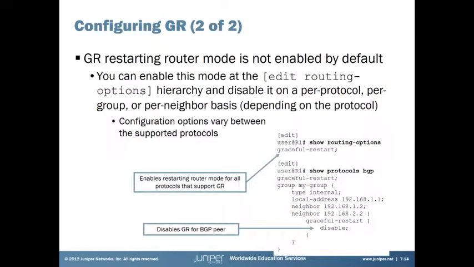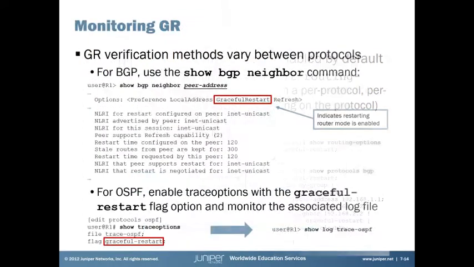So GR restarting router mode is not enabled by default. So the helper mode is, the restarting mode is not, and this is something you do have to go and enable under the edit routing options protocol. Here it is, enabled under the edit protocol options, edit protocol BGP options as well. So we have enabled that. We can monitor it, verification, so show BGP neighbor peer address, and we've got the graceful restart appearing there.